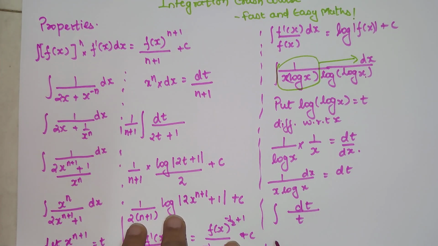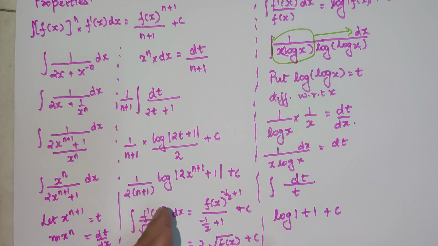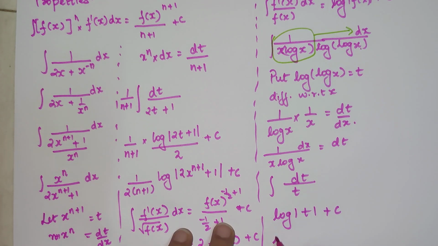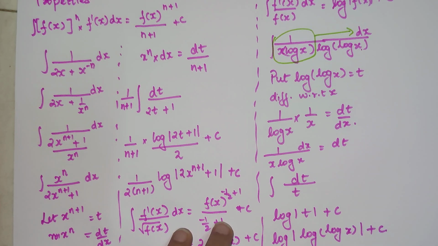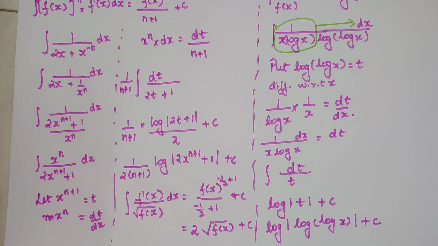So your final answer is now log mod t plus c. But like I said, you cannot keep your answers in terms of t. So your final answer will be log mod log of log x plus c. See, the answer looks quite tricky, but actually the entire solution was so simple. You just have to have confidence in yourself, and obviously you should be good at differentiating, okay?